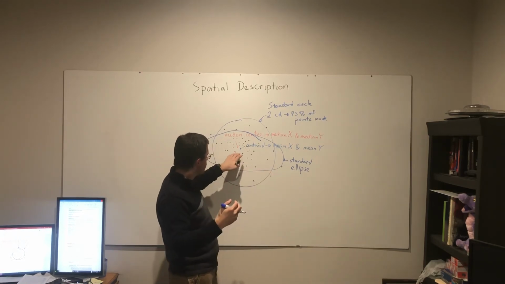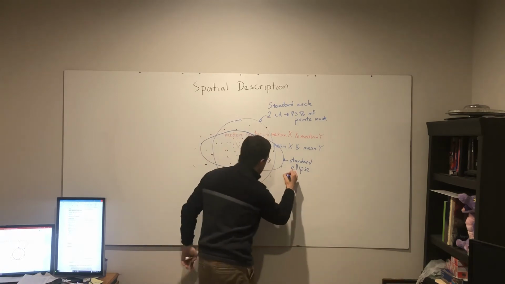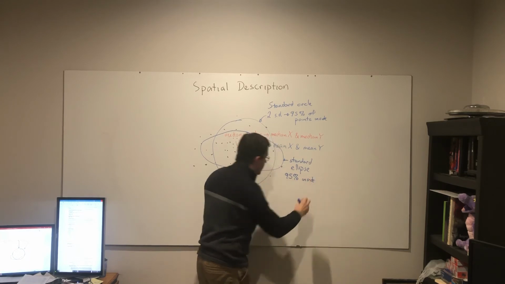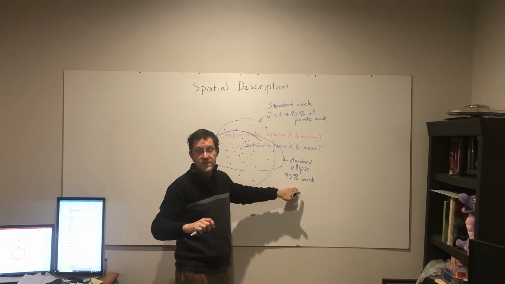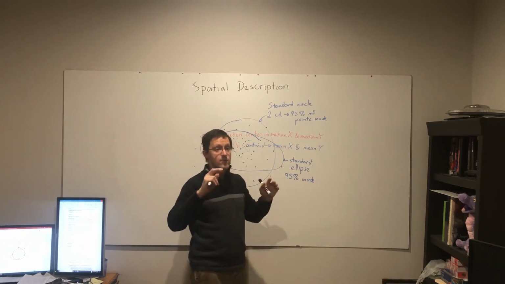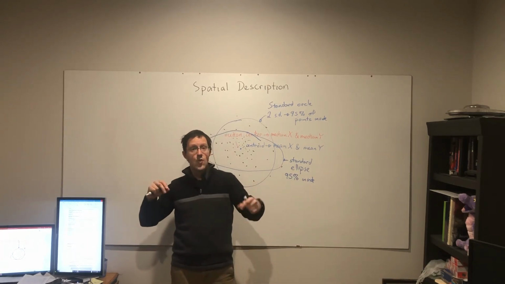It's going to, again, follow the same idea that 95% of the points will be inside. But it is set up to be the smallest possible ellipse where that is true.